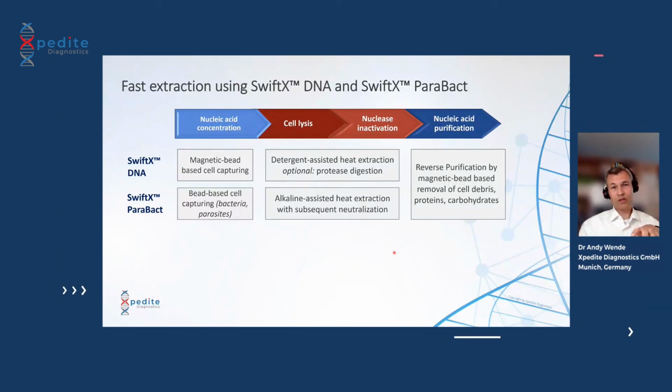So before you actually lyse your sample, you capture the cells that you're interested in, get rid of all the inhibitors in your original sample, and then use these captured cells in a very small lysis buffer volume and perform your extraction and reverse purification.